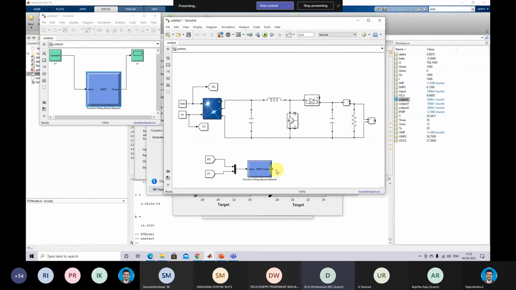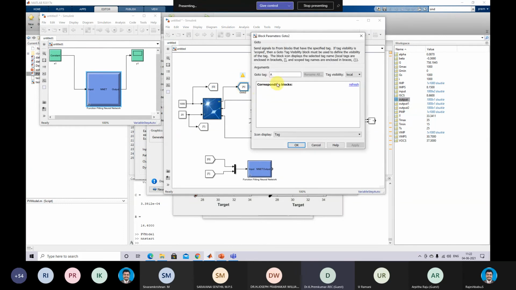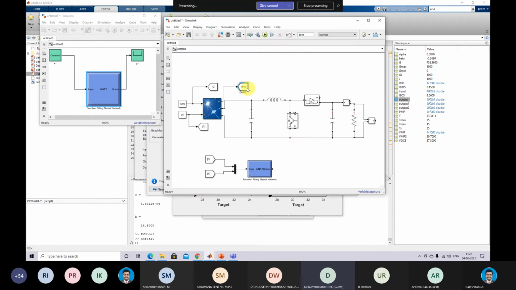It should be compared with the PV voltage. So I'm going to do another measurement. Go to and connect this data. This is the PV measurement, and then I'm going to take this one and use a bus selector.